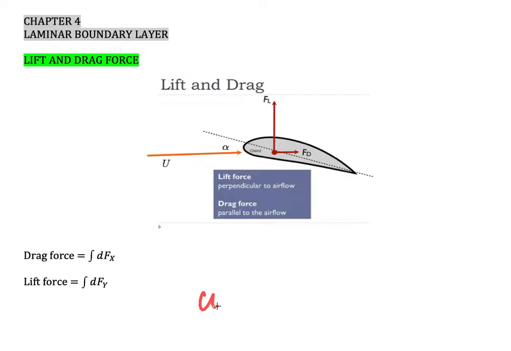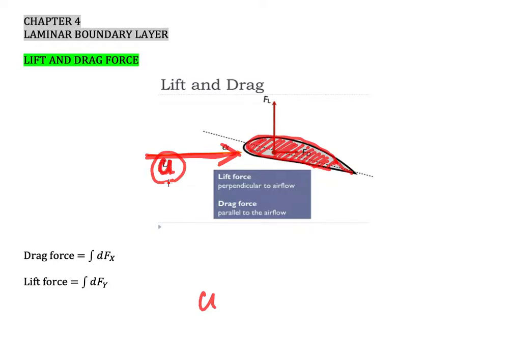For example, if we have one object, because we want to talk about the lift force also, I bring you the example of an aerofoil here. If we have an aerofoil here, we have a flow from left to right, which we show as capital U here.